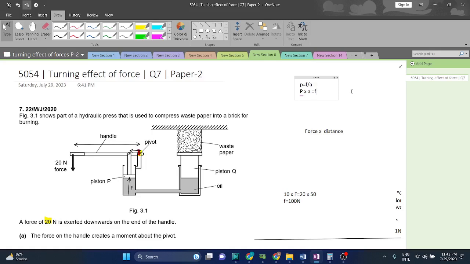So you have to remember this. Pascal's principle is the pressure is equally transmitted in all directions through a fluid.